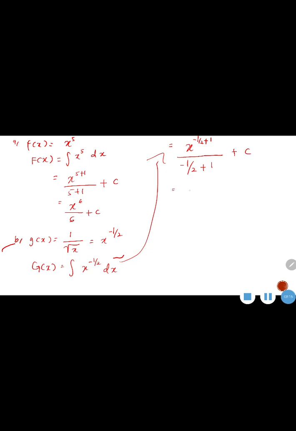We will get x to the power of two thirds over two thirds plus c, which can be represented like this: 3 over 2 x to the power of two thirds plus c. Okay, that answers the two questions. I'm going to erase some of this.